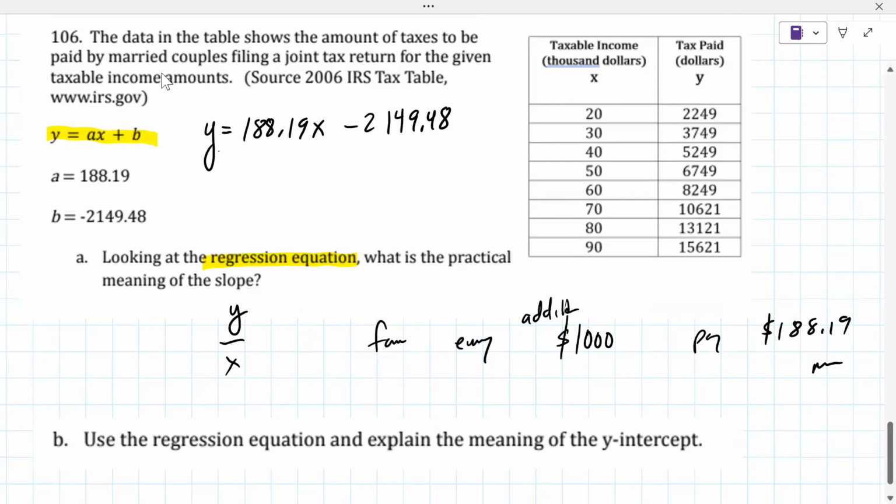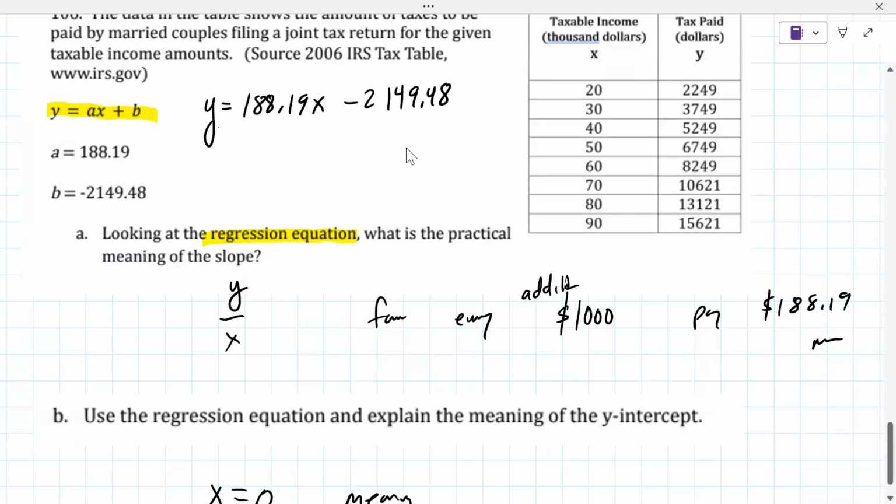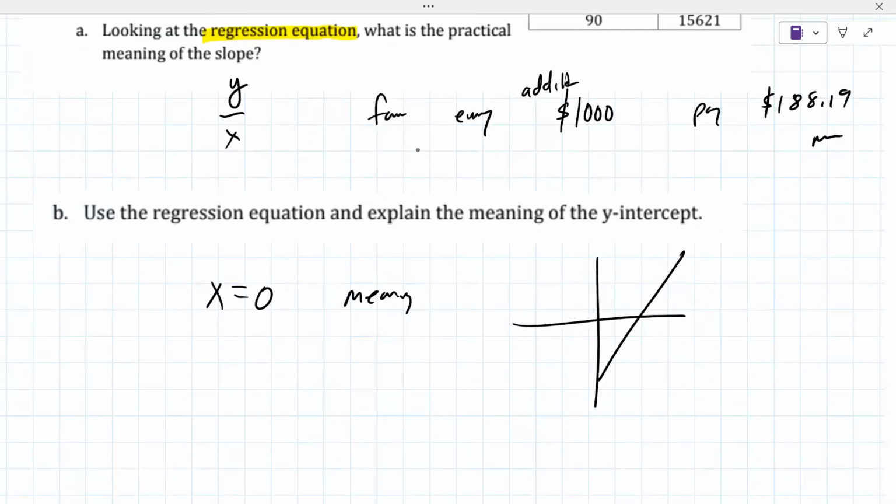It's negative though, which is a little weird, but actually in our tax system, you do get money back if you don't make any money. There's tax credits, deductions, stuff like that. You're looking for something that says negative 2,149.48. The y-intercept is actually down there where it's negative. Is that clear? Yeah. Okay.